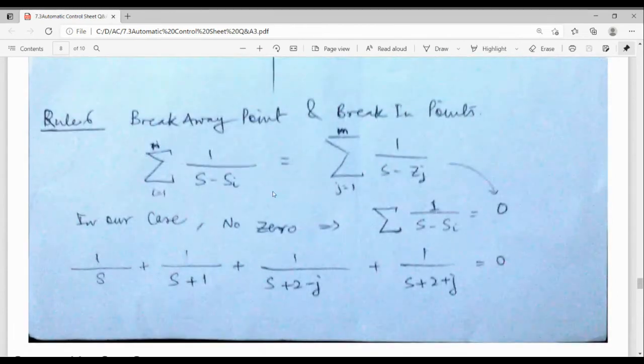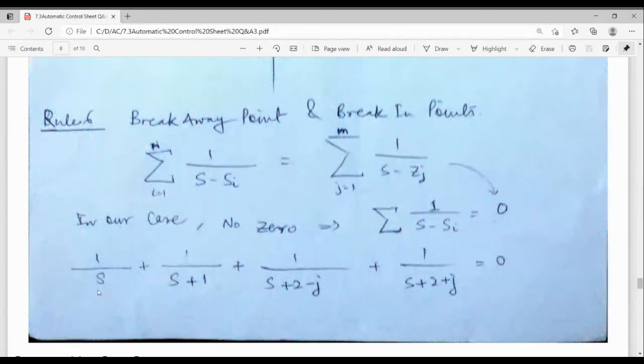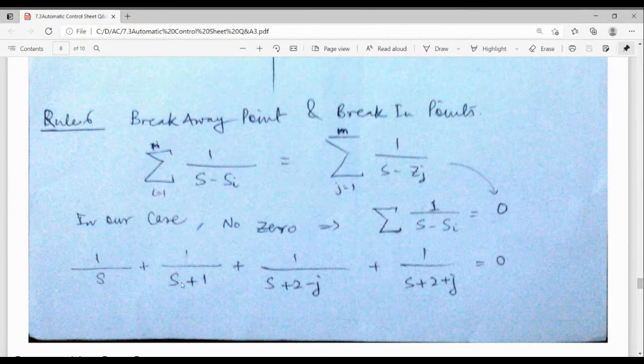Sigma 1 by s minus si equals sigma j equal to 1 to m 1 by s minus zj. This is 0, this is pole. So in our case, no zeros, so this will be 0. And we have only this on the left hand side. We have to add 1 by s minus 0 plus 1 by s plus 1.